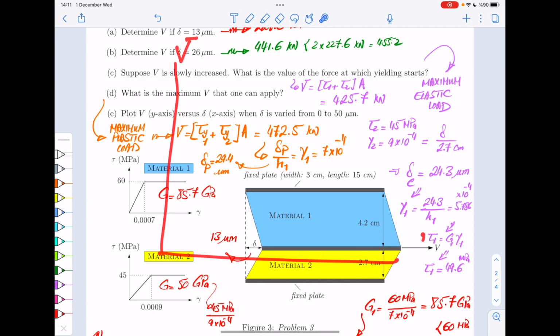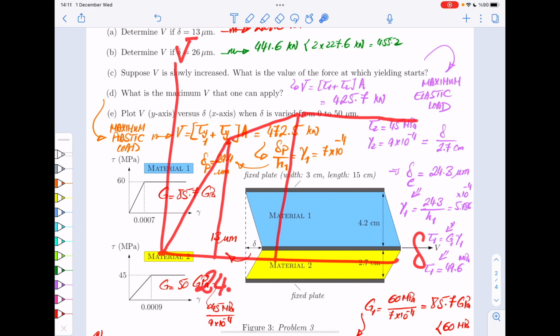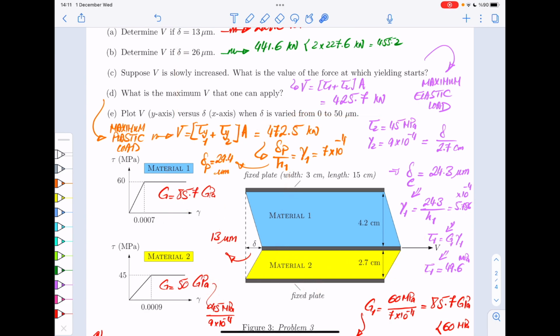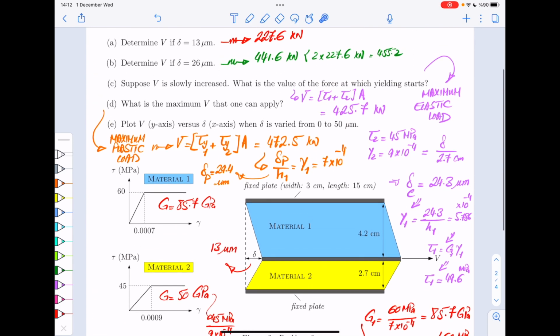There is V, there is delta, and then here you would have, let's say, your elastic regime. Then you have a slope decrease, and then you have your flat line, and then these numbers would correspond to what I just said. So this would be 24.3, this would be 29.4, and this is, let's say, all the way to 50. Okay? So this is how your diagram would look like.